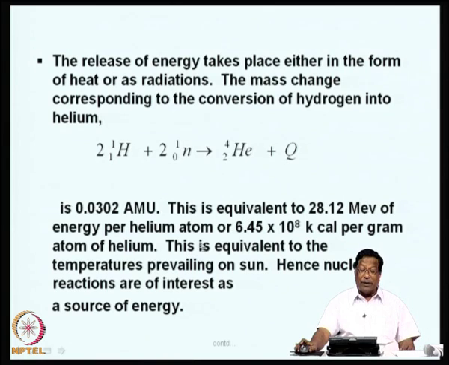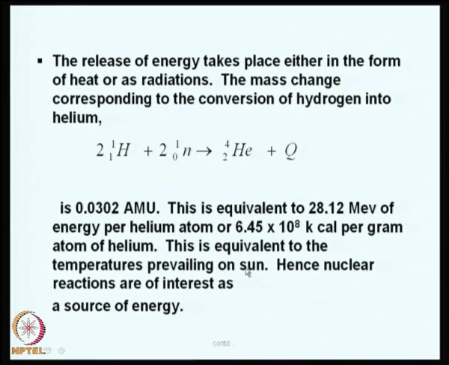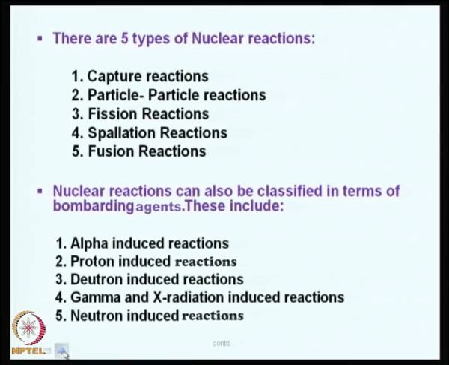This is equivalent to the temperatures prevailing on the sun. Therefore, nuclear reactions are of interest to us as a source of energy. We have so many nuclear reactors nowadays, and they produce a lot of energy to sustain the society.